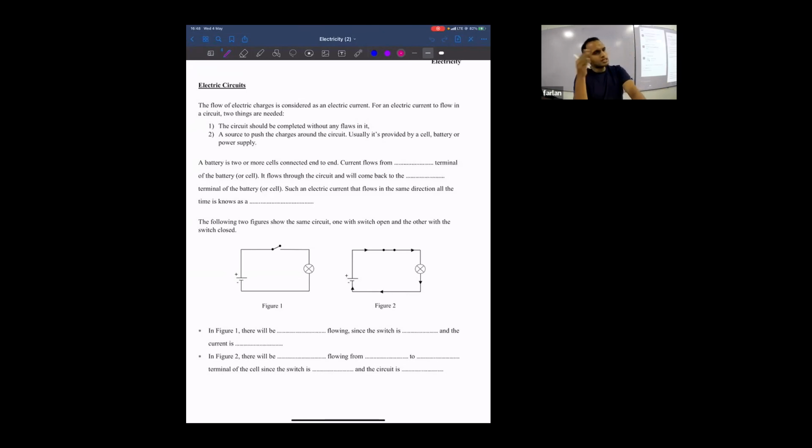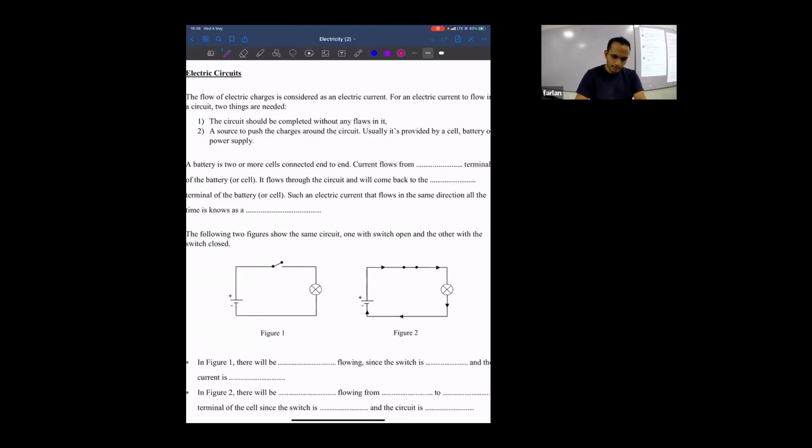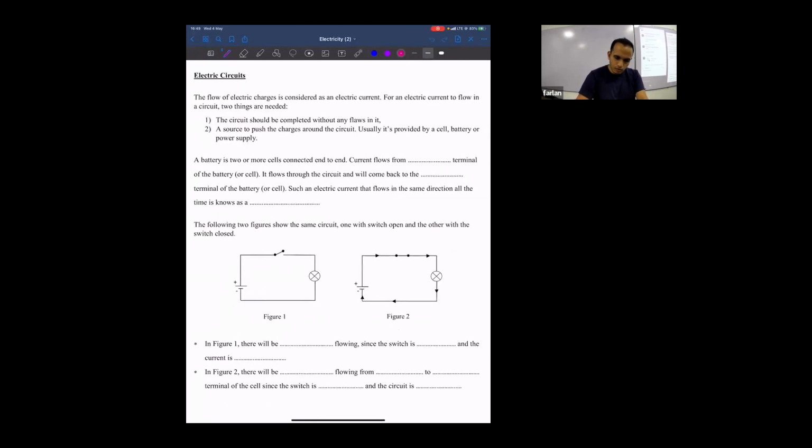Current flows from which terminal to which terminal? Positive to the negative terminal. So let's complete the blank. Current flows from the positive terminal of the battery. It flows through the circuit and will come back to the negative terminal.